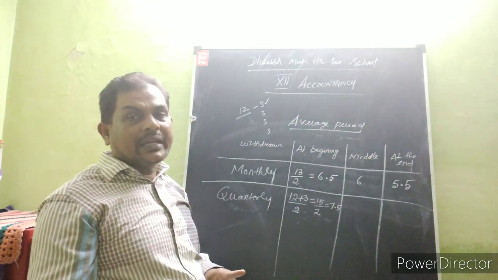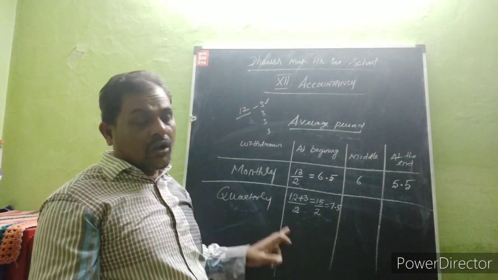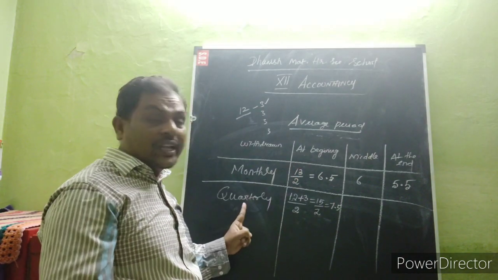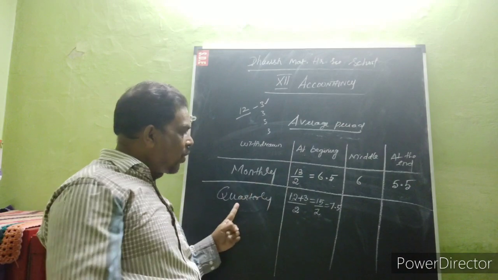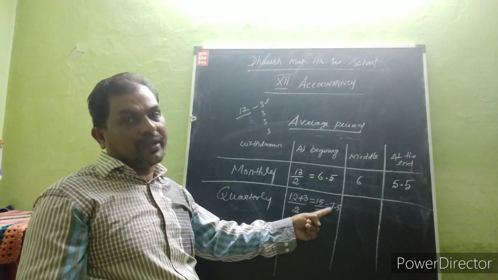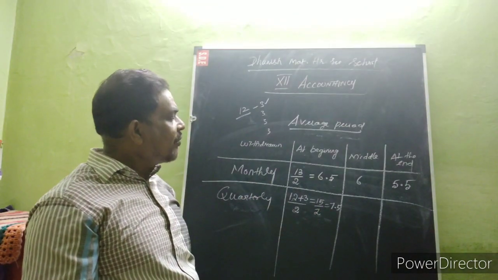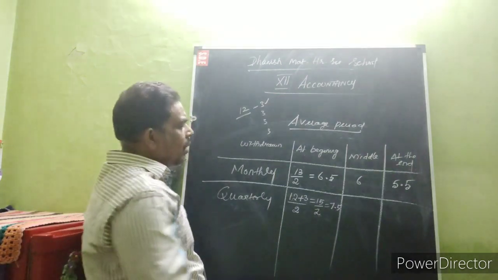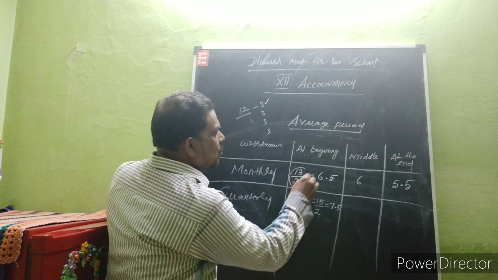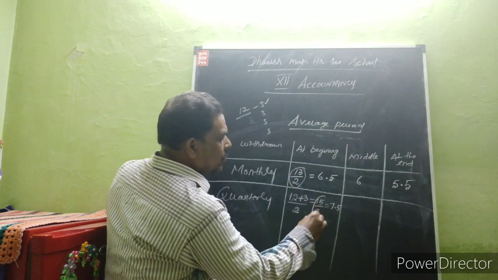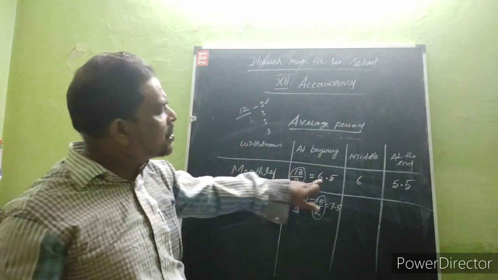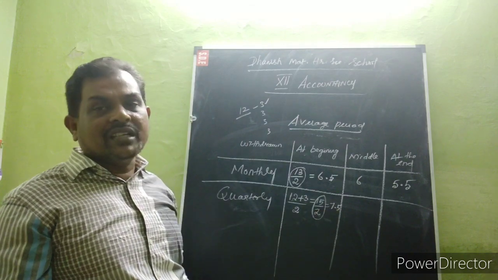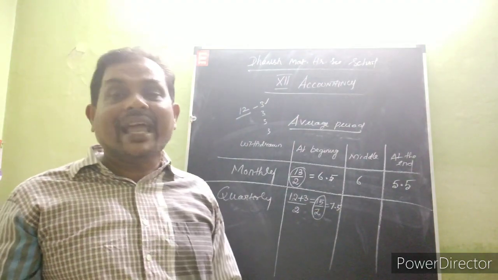Suppose any one of the partners takes drawings at the beginning of every quarter. Beginning of every quarter means you have to put 7.5 months. Listen, my dear students, you can put 13 by 2 or 15 by 2. Don't put 6.5 or 7.5 because it is difficult, since you should not use the calculator.